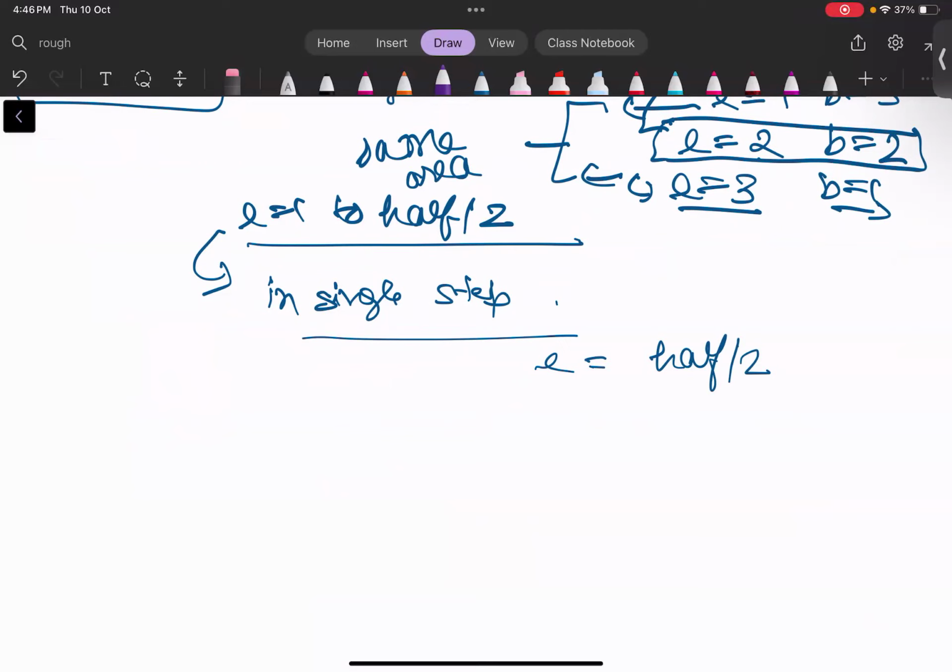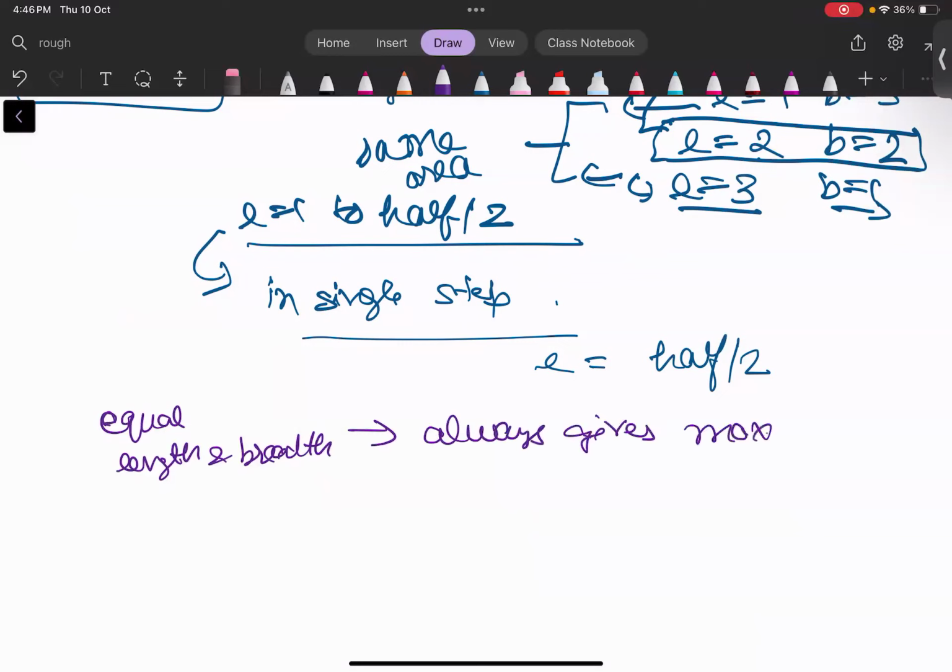We know that to find the maximum area, nearly equal length and breadth always gives the maximum area.